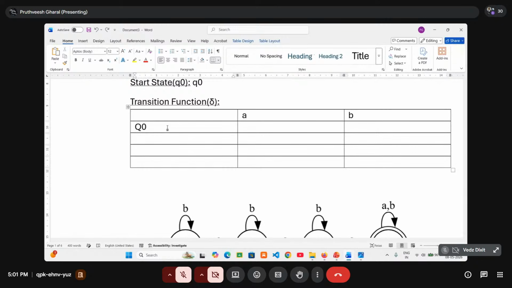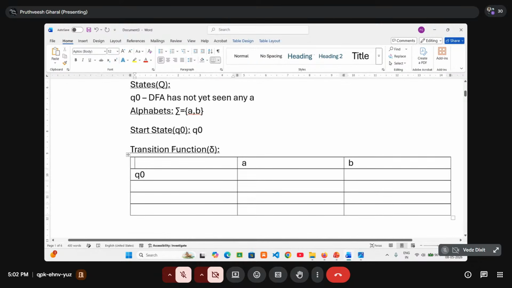The DFA does not know what to do. It will take the next input and it will see this transition function and see where to transition to next. So the DFA has taken input and it is asking us which state to move to. Okay.